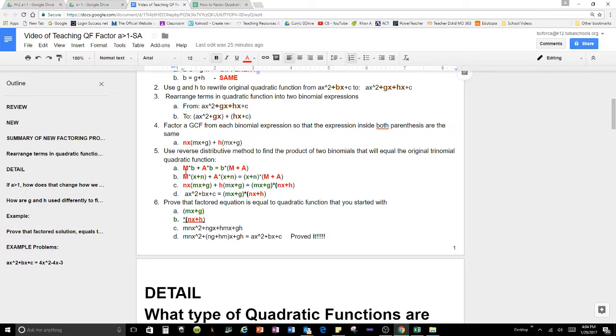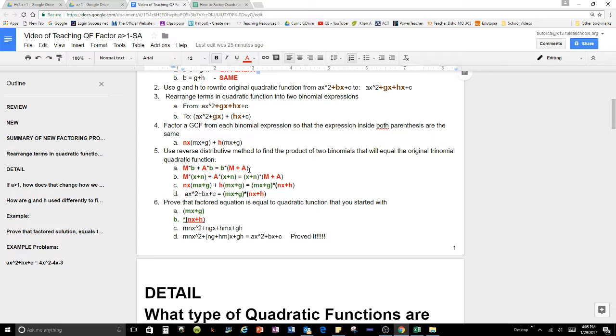So the reverse distributive method works like this. If you have a number such as m, and m is multiplied by b, and you have another number which is a, and it's multiplied by b, then you could actually pull that b out of this expression, put parentheses around m and a, and then multiply that b times m plus a.